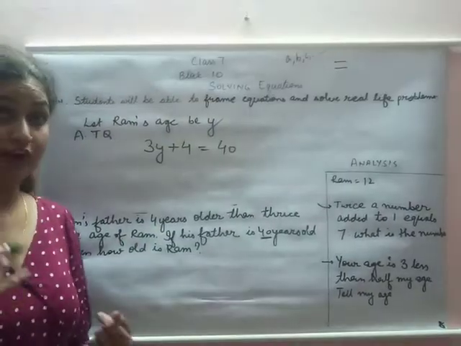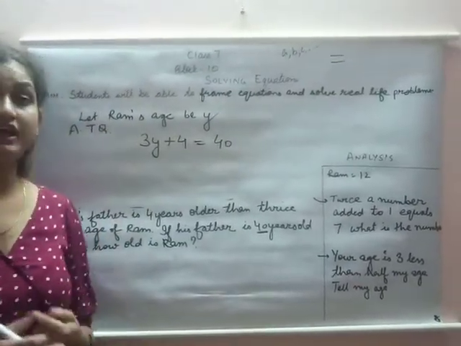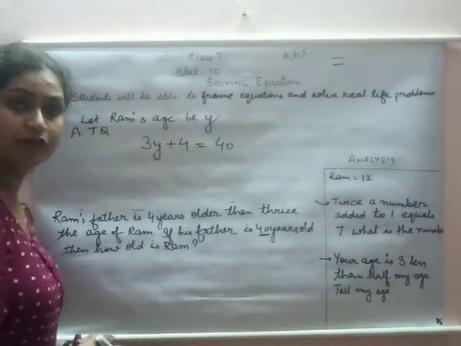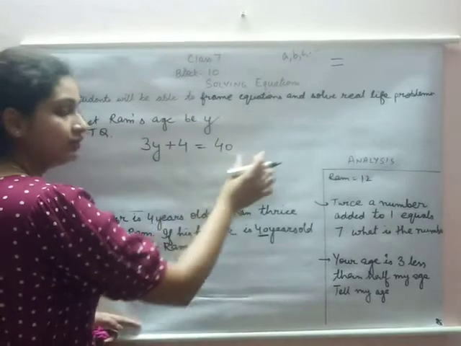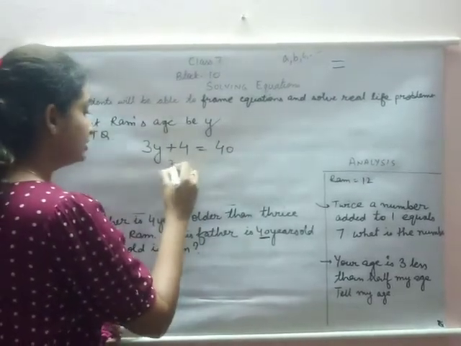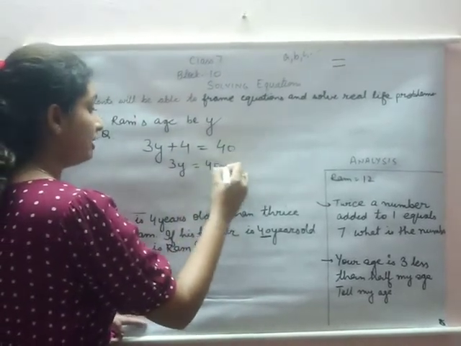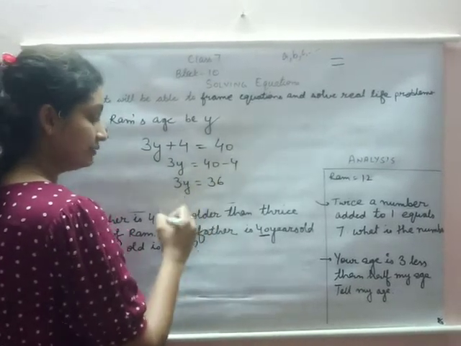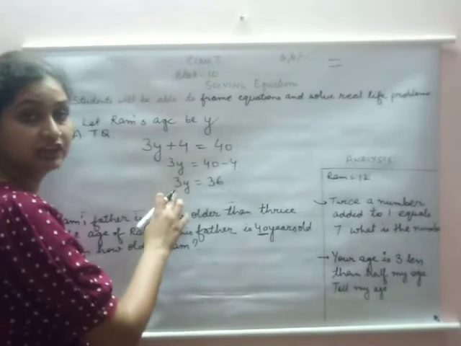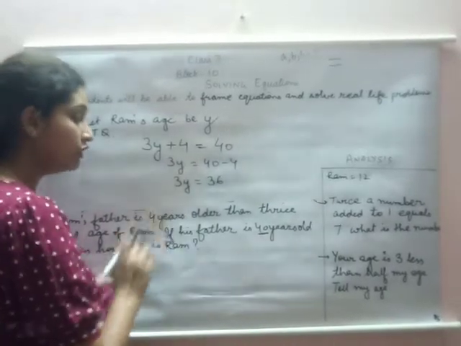Now, for finding Ram's actual present age, what do we have to do? We have to subtract 4 from 40 because 4 will cross the magical bridge and go that side. 3y will be here. 40 minus 4, 3y is equal to 36. Now, 3 and y have the relation of multiplication. What will we do?